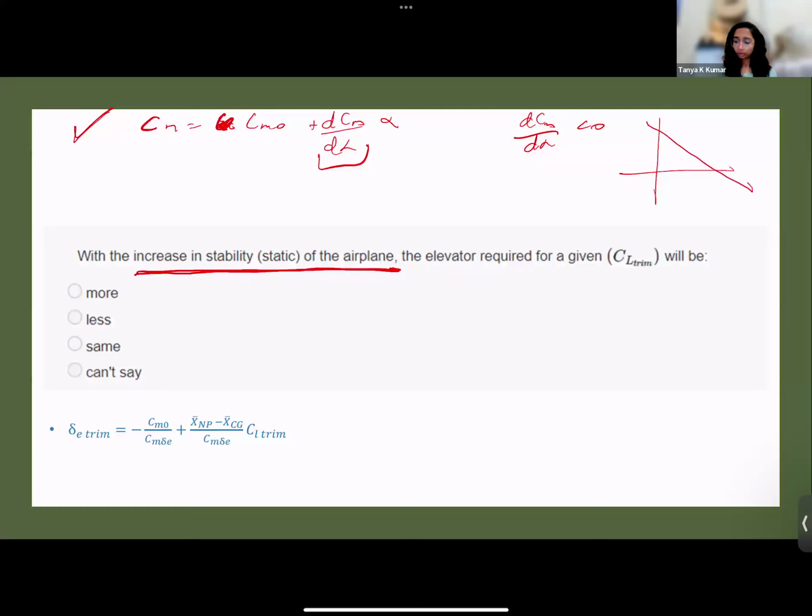So if I take two aircraft, this is A, this is B, this is CM, this is alpha. Which is more stable, aircraft A or B?